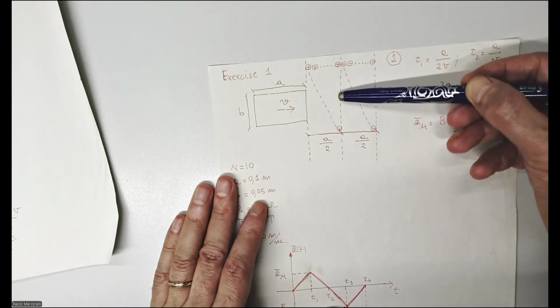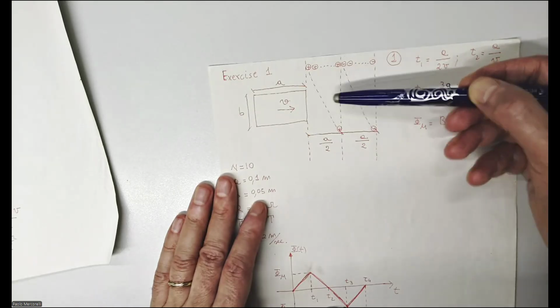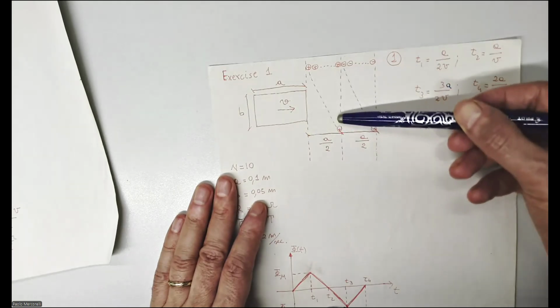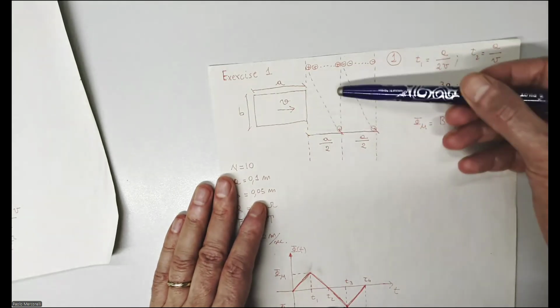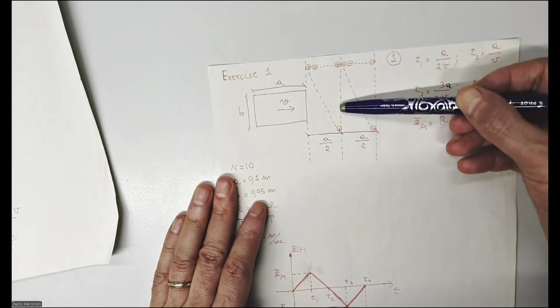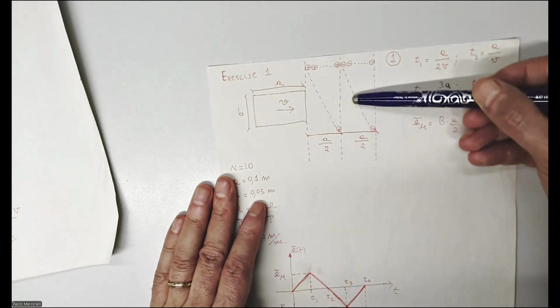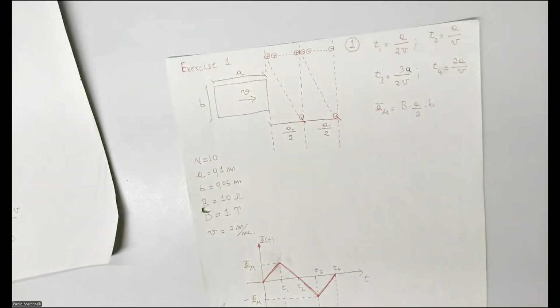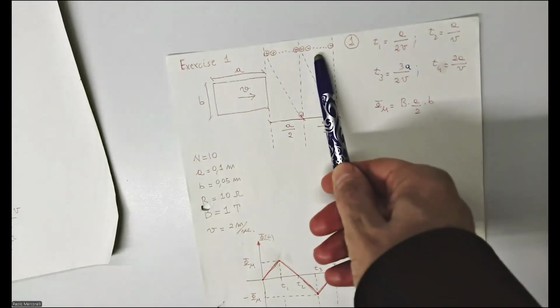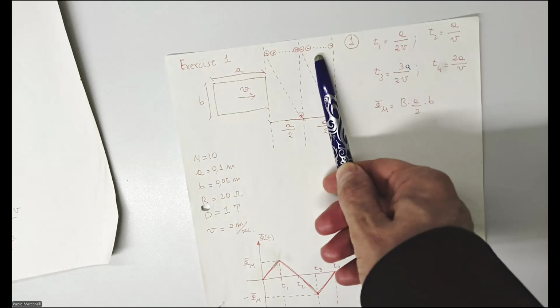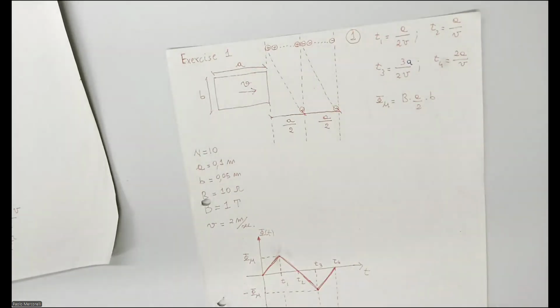Why? Please pay attention. From here to here is a negative force. Why does the negative force remain negative? Because when I go out, the direction of the current changes from the graph, but the direction of B also changes. Two changes maintain the same direction. You remember this?